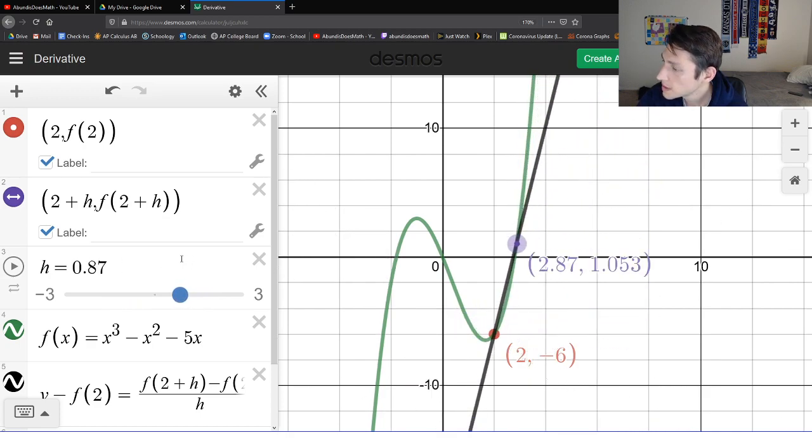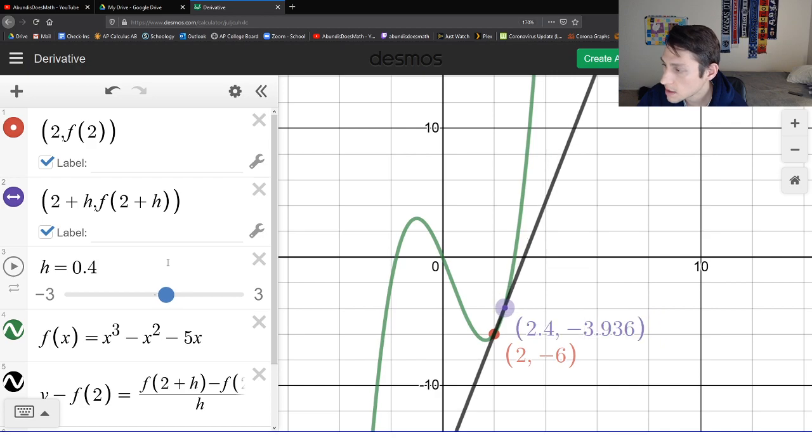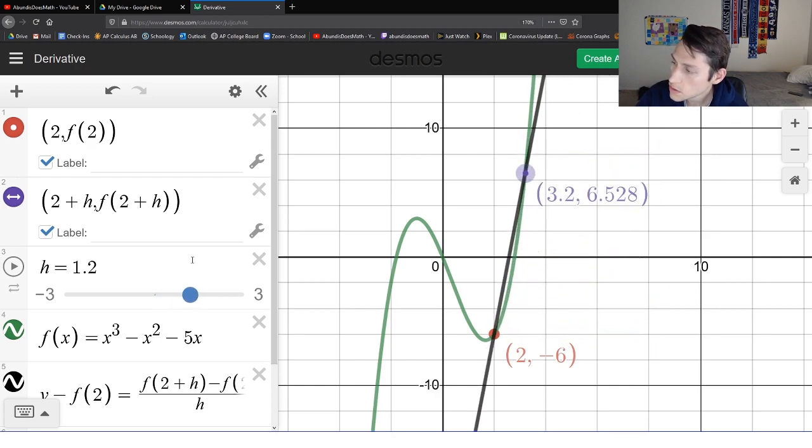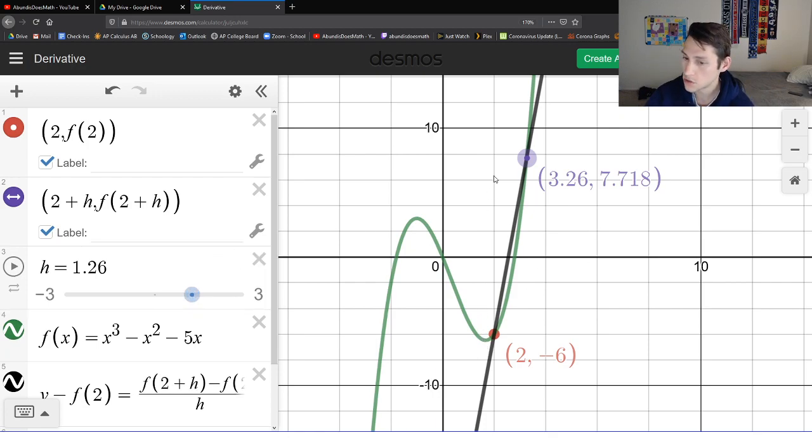But if the two points are getting super, super close to one another, infinitely close, this is no longer, so if you remember when we talked about this, we called this a secant line, because it goes through at least two points on the graph.